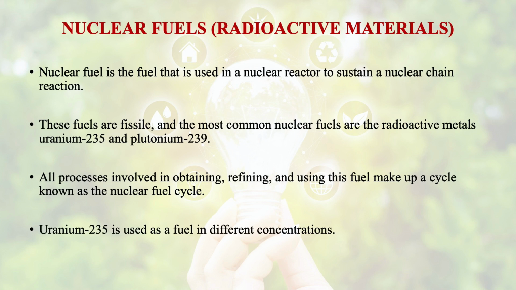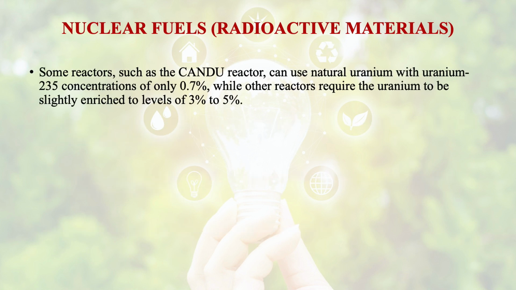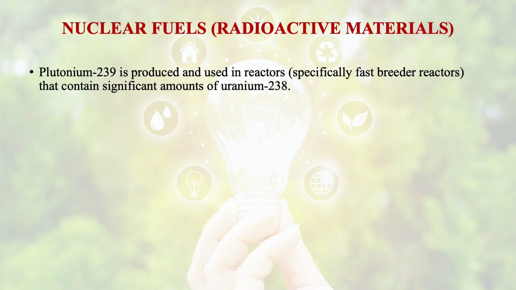Uranium-235 is used as fuel in different concentrations. Some reactors, such as CANDU reactors, can use natural uranium with a uranium-235 concentration of only 0.7%, while other reactors require the uranium to be slightly enriched in the range of 3 to 5%.